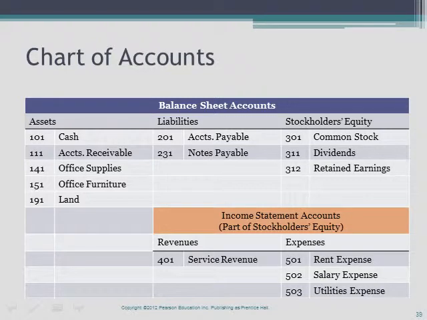And as an aside, this also helps us a lot when we're developing the reports that are generated off of these account balances, because in defining what accounts go in certain rows on your financial statements, you can range those accounts.